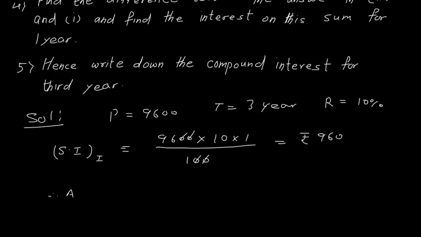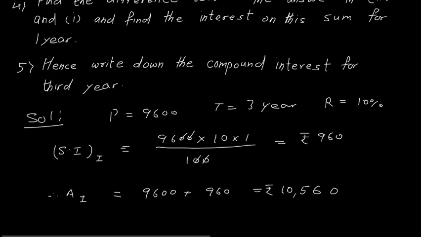So amount A1, that is amount at the end of 1 year, is 9600 plus 960, which is 10,560 rupees at the end of first year.